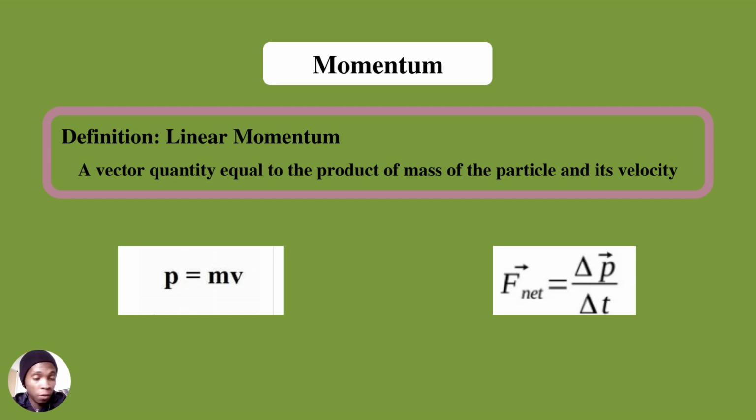But that's a story for another day. Linear momentum is a vector quantity equal to the product of the mass of a particle or particles and its velocity. Mathematically, P represents momentum: P is equal to m times v.